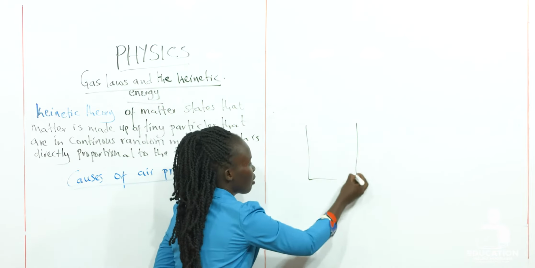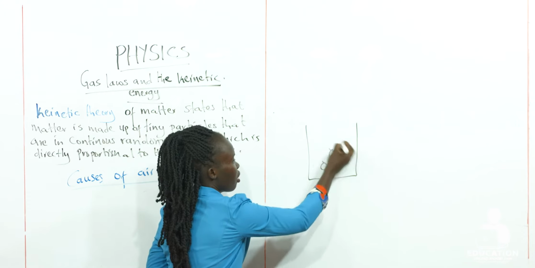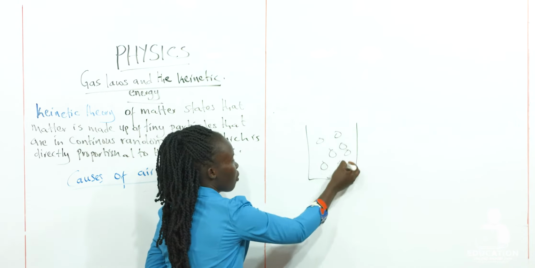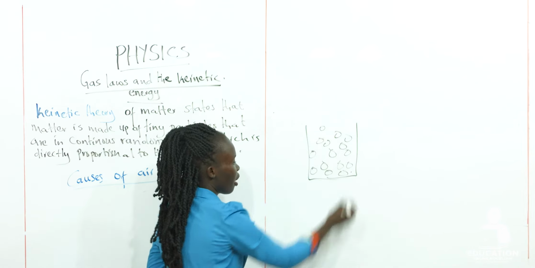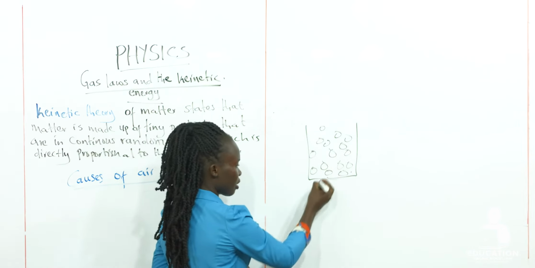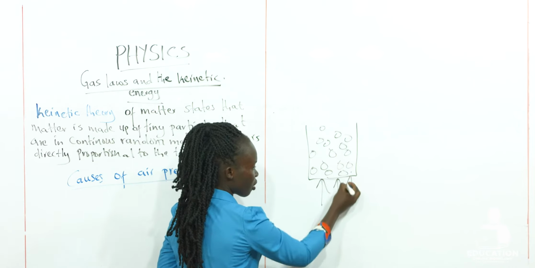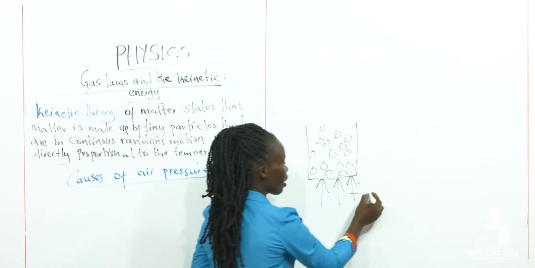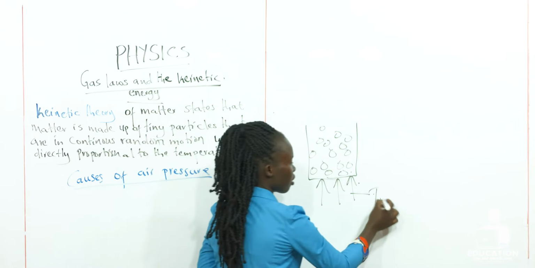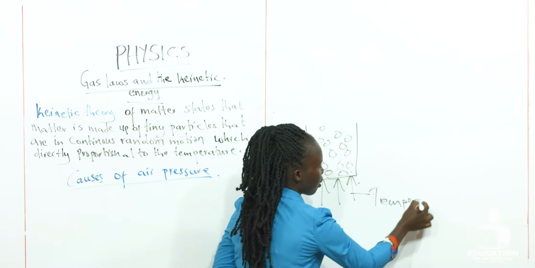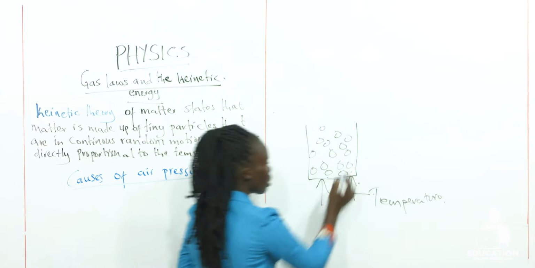let us take a look at this. Assuming we have this gas here, we are going to heat these molecules. If we increase the heat, this is the temperature, what will happen to the molecules here?